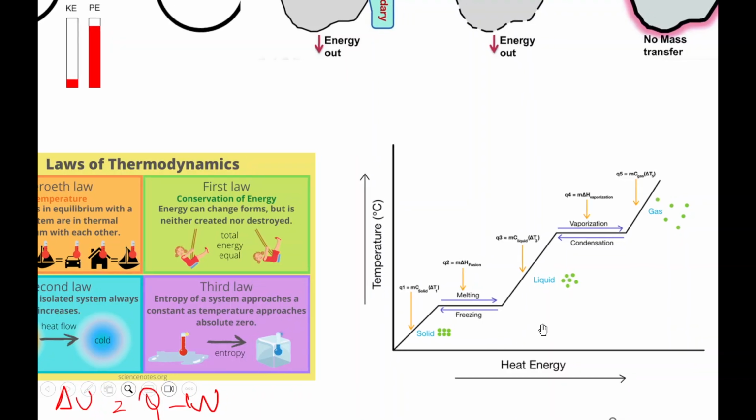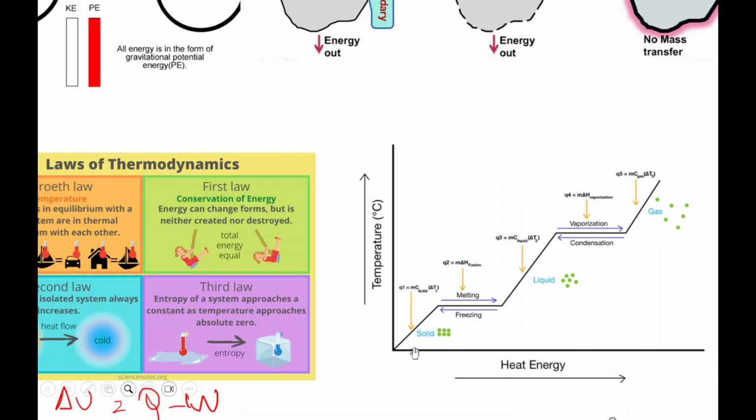This schematic shows us that suppose there is a substance, say water. At lower temperature, you can say that it exists as a solid, and if you keep on increasing the temperature, it will show a change in phase. So the solid may change to liquid, the liquid may change to gas. When you are increasing the temperature, basically you are adding heat energy.